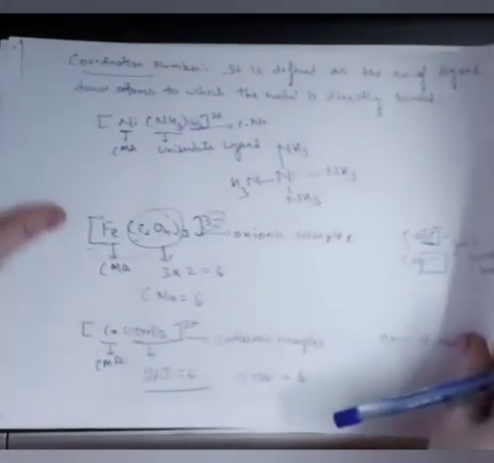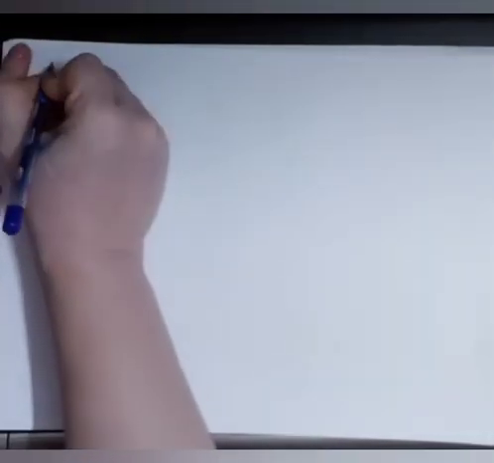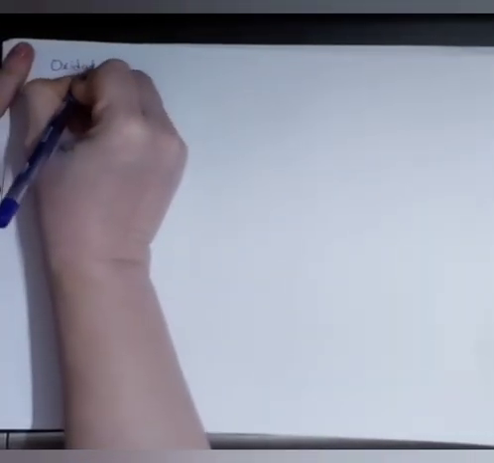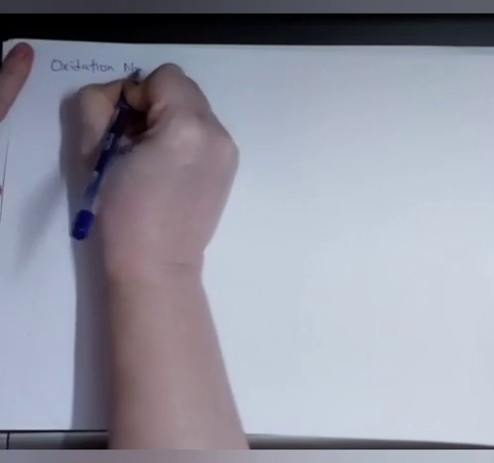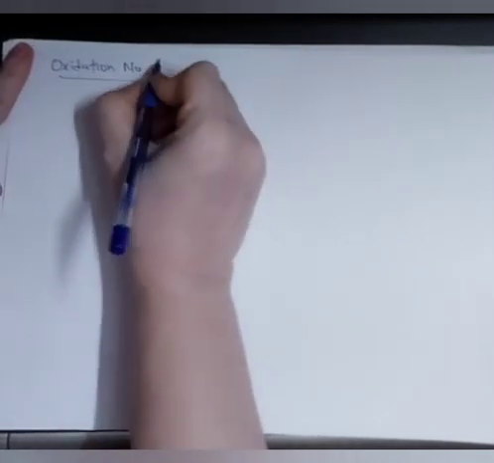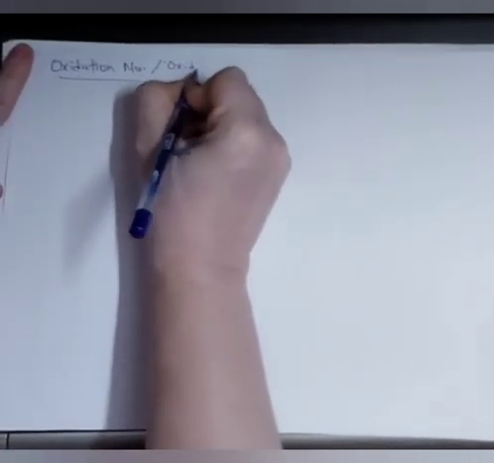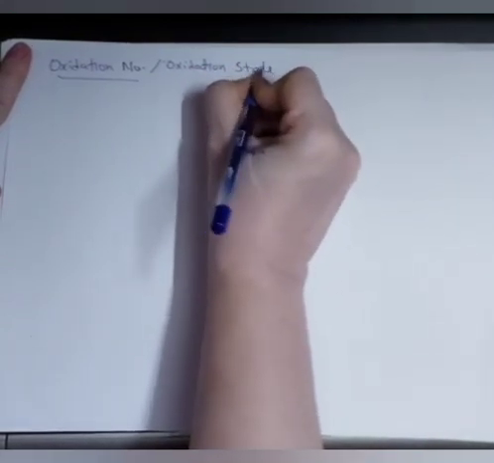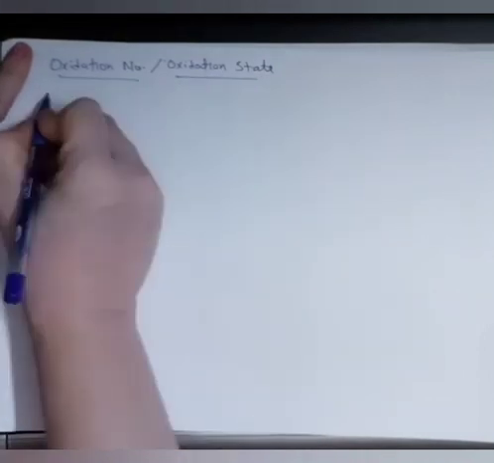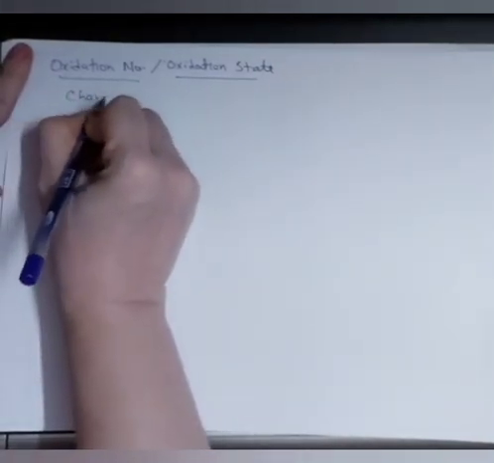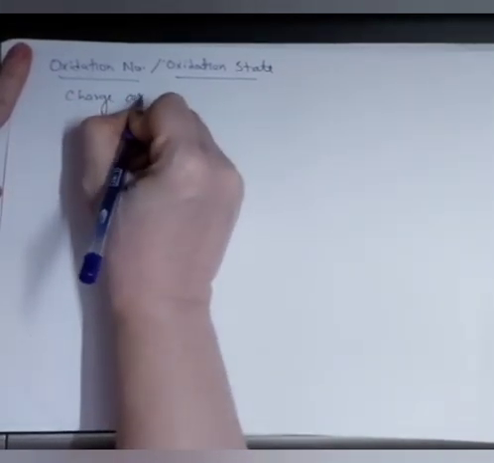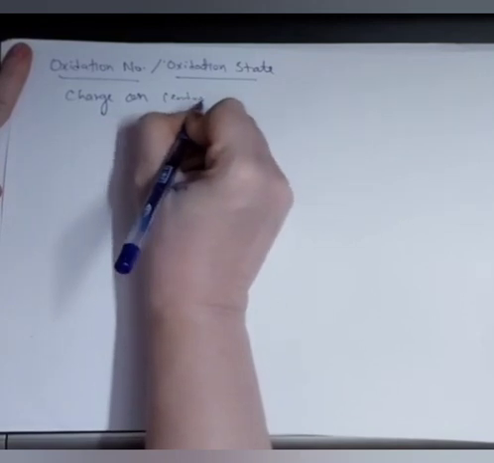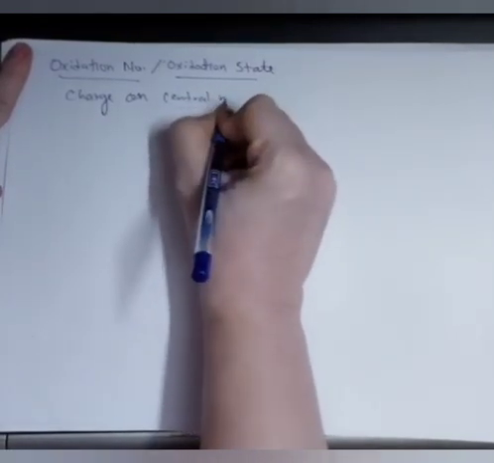Now the next topic is oxidation number. Basically, oxidation number, or we call it oxidation state, is the charge on the central metal atom.